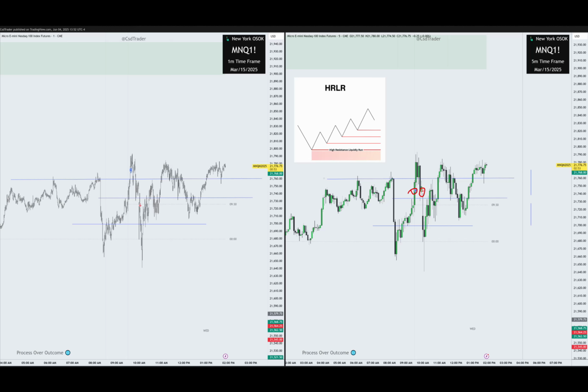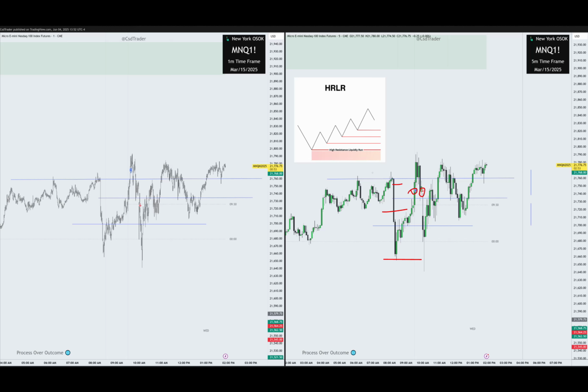And as you can see, it's a perfect illustration of what a high resistance liquidity run looks like. As you can see, the signatures in price that we talked about, the violation of fair value gaps, right? So there was a fair value gap formed here, it was violated. Also, the liquidity sweeps aren't really defined, meaning when this pulled liquidity, it did not surge bullish at all. It just came back in and played inside the range.